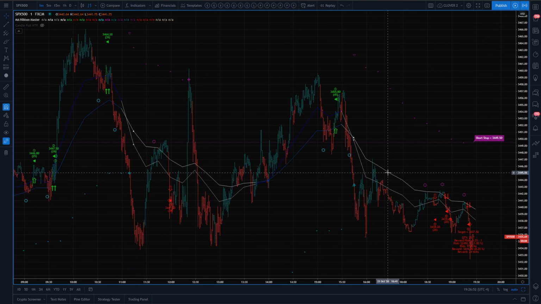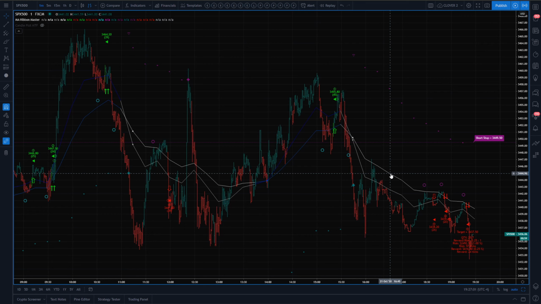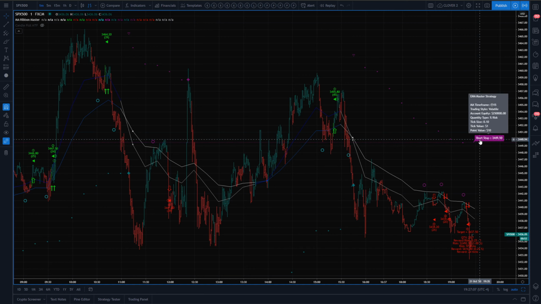This is a 15-minute multi-time frame moving average ribbon. Both of the EMAs are operating as if they were on a 15-minute time frame, but I'm showing them on a 1-minute chart. Shows the trading style, the account equity setting with the correct account currency type, and it's showing that the tick value is $1 and the point value is $10.